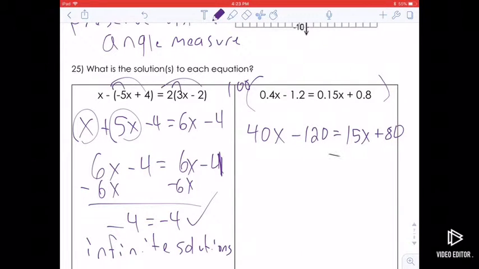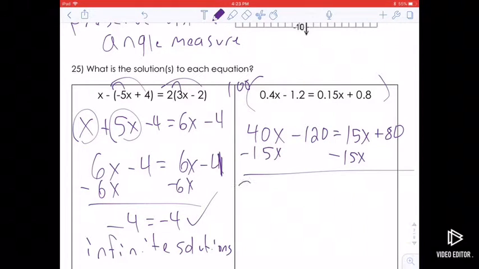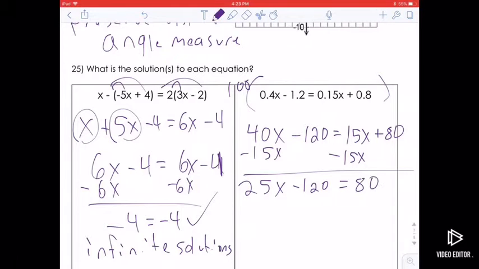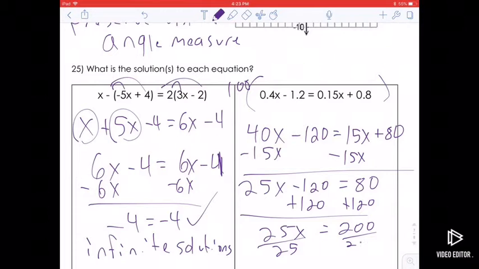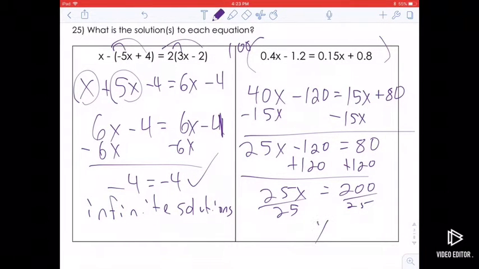Variables on both sides, I'm going to subtract 15x from both sides. 25x minus 120 equals 80. I'm going to add 120. 25x equals 200. And when I divide by 25, I get x equals 8.